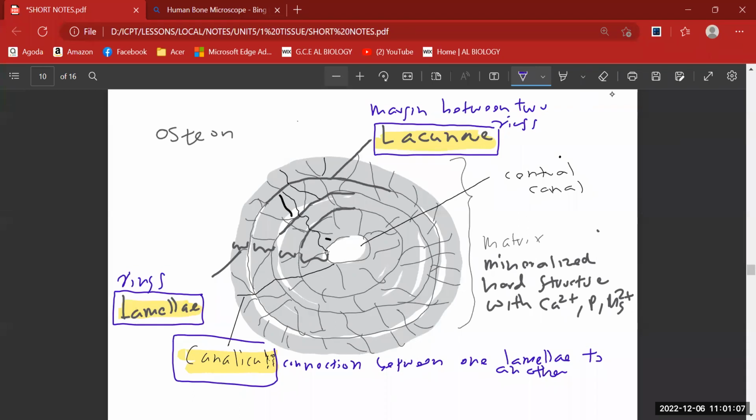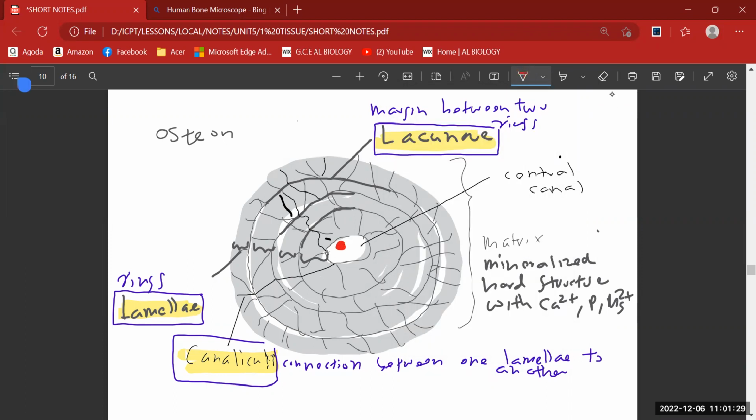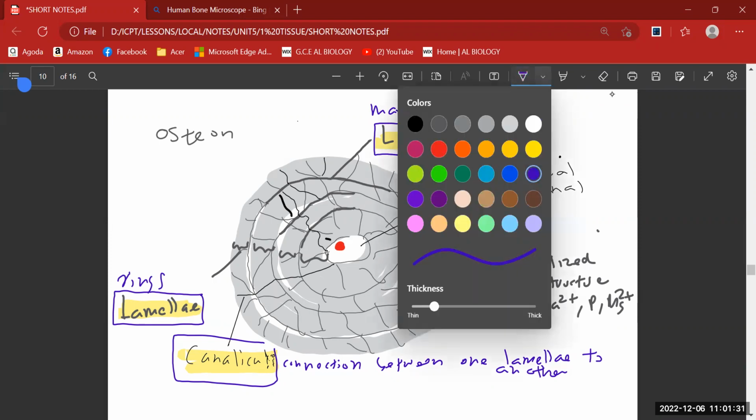Just like rivers, small branches of the river drain to the central canal. And in the central canal, we can find nerve, blood vessels, artery and vein, and also lymph vessels.